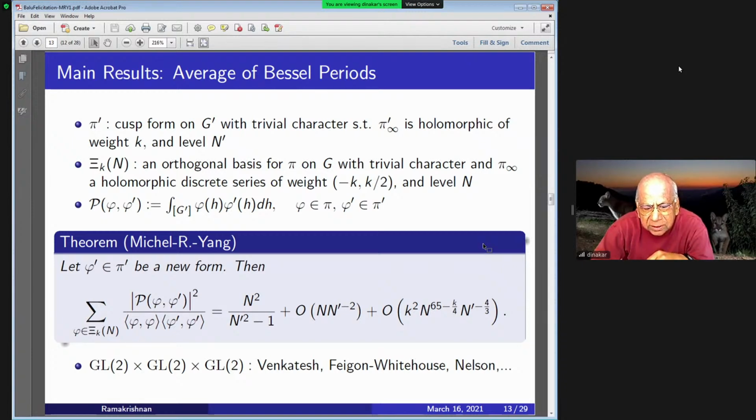It is going to be n squared over n prime squared minus 1 plus big O of n prime to the minus 2, and then you get another term.